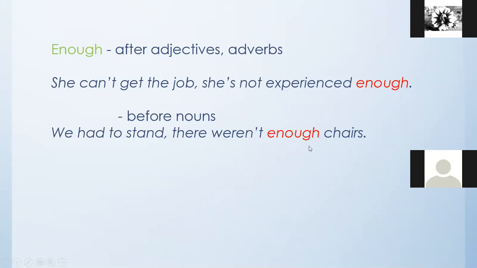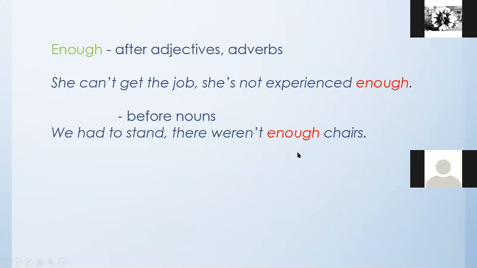Is the noun coming before or after enough? When you put a noun, enough comes before the noun. When you use an adjective or adverb, enough comes after the adjective and adverb. You got it? Yes, sir.